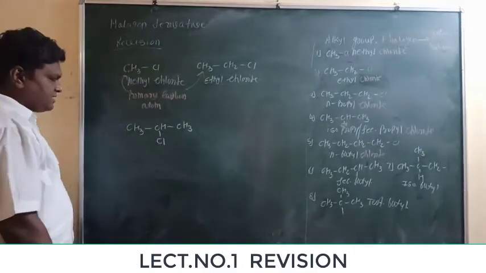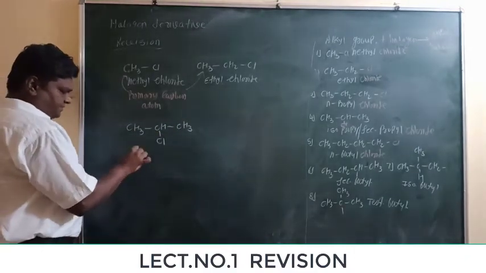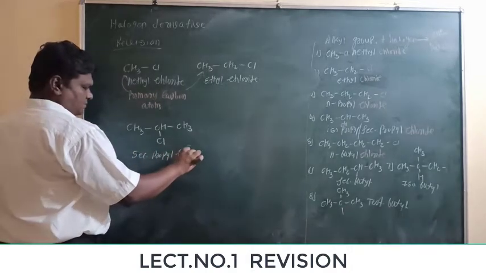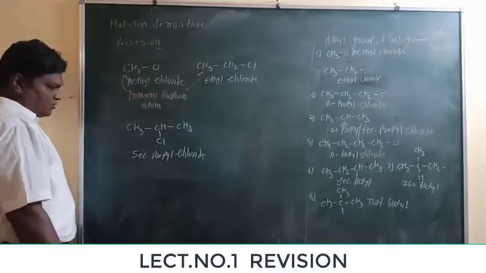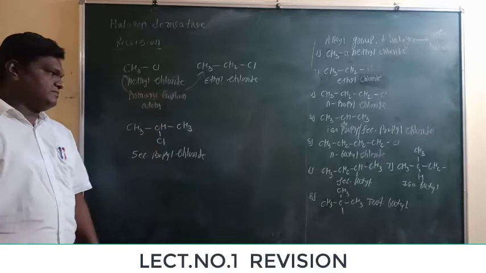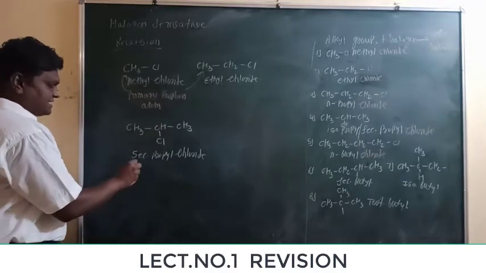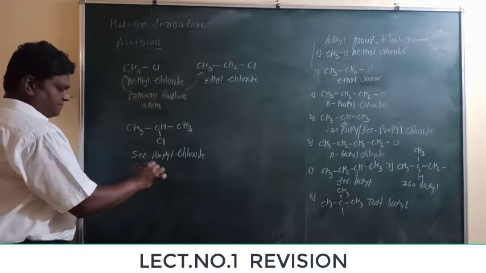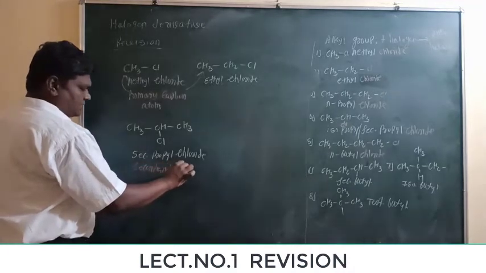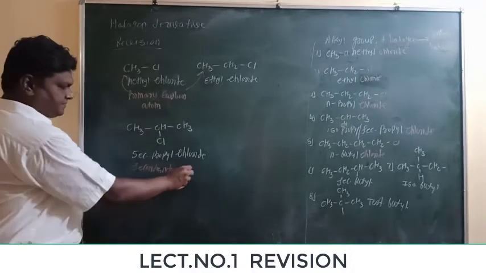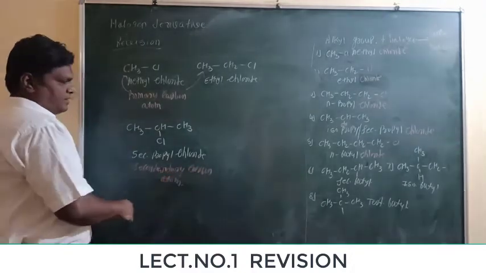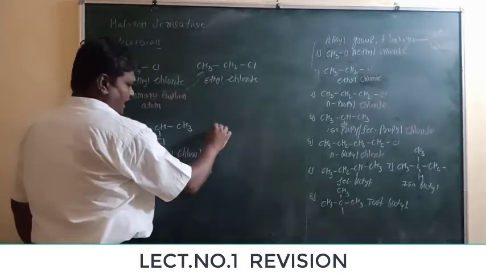Now, in this case, this is called secondary propyl chloride. The chlorine atom is attached to a carbon atom, and this carbon atom is attached to two carbon atoms. So this carbon atom is called a secondary carbon atom. If you go for tertiary, it will look like this.